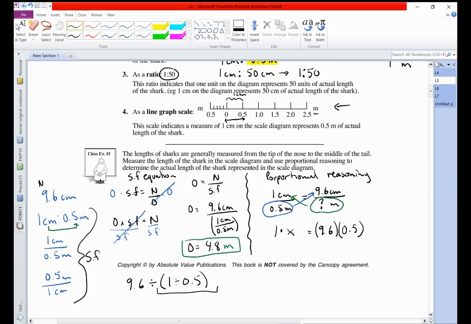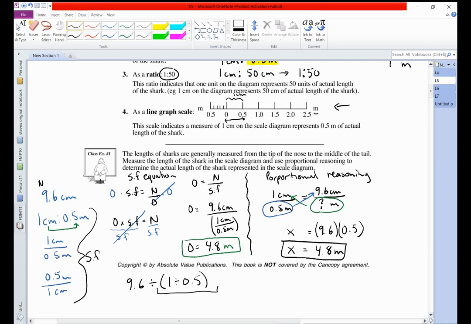Our unknown, which we don't even have to write that 1 in there because 1 times anything is just itself. So now 9.6 multiplied by 0.5 is 4.8 meters. Same answer. Two different methods, same answer.